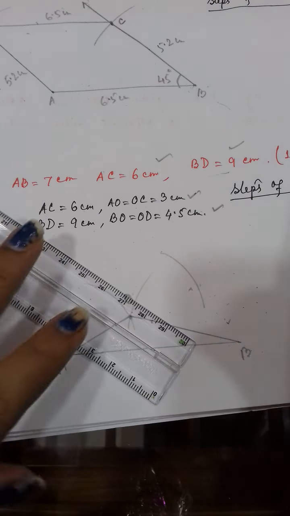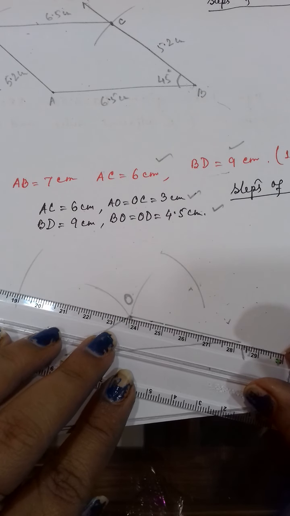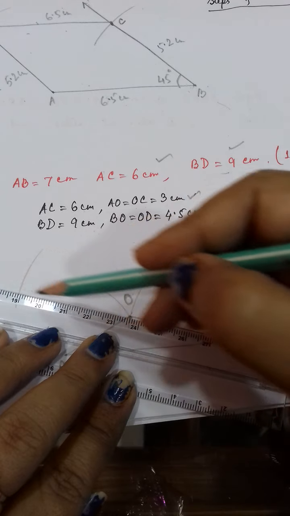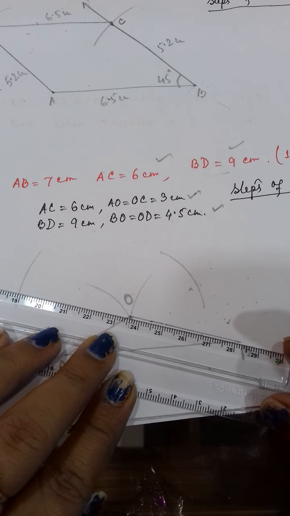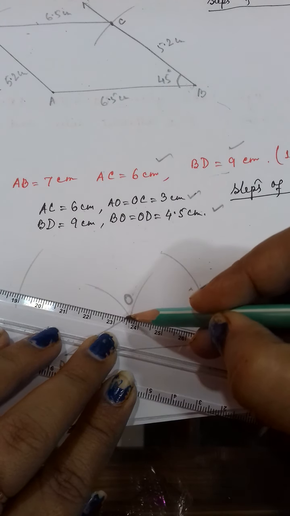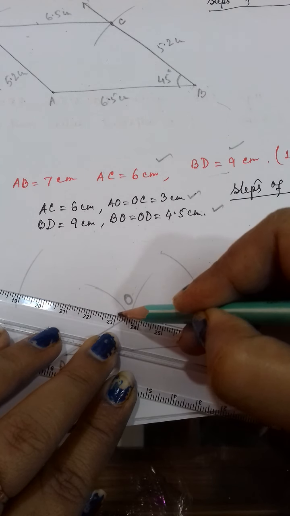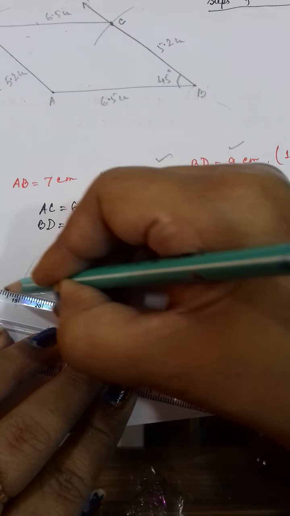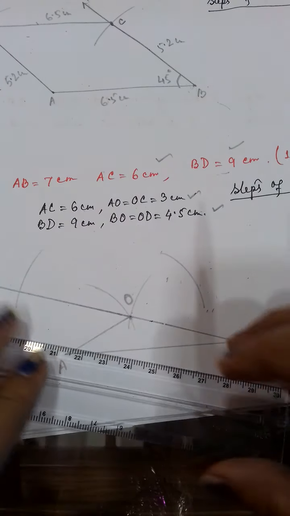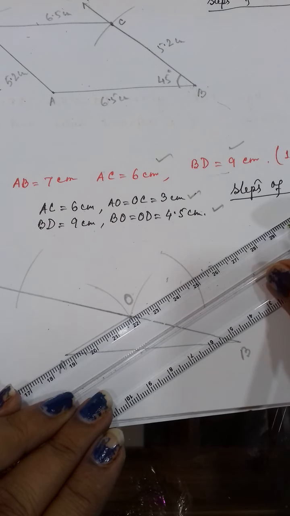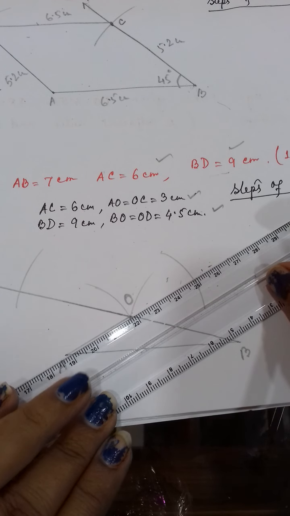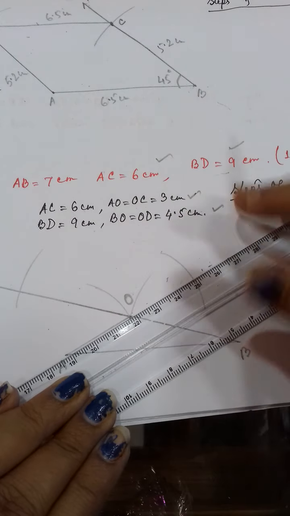Now what you will do? You have to produce the line. This OB line you have to produce till this arc, means it will intersect this arc. Make the straight line, and that way you produce this line. Got it? Same way, OA line also you produce, it will intersect this arc.